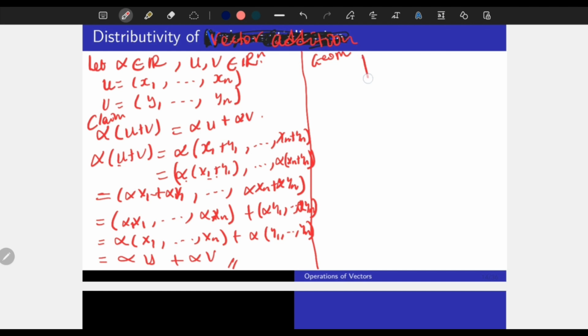Let's assume that we have u here, and let's take the direction for v, so we have v here. Then u plus v is this one, u plus v.